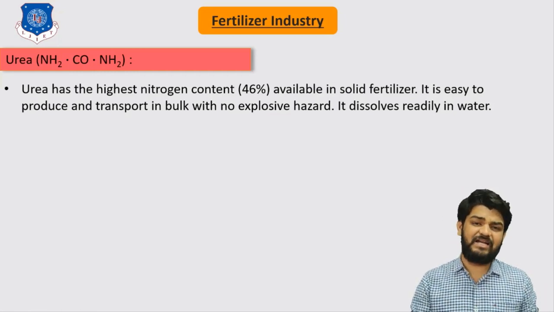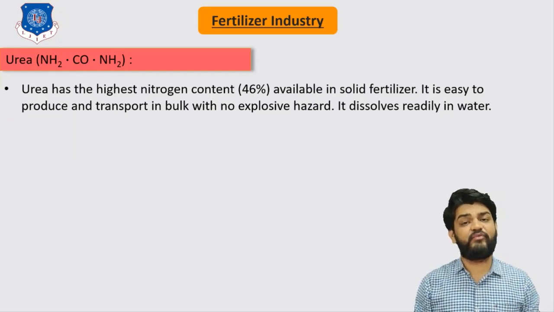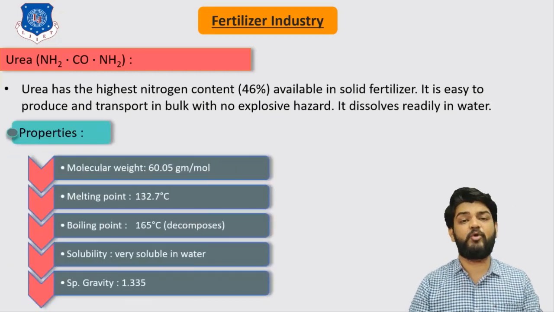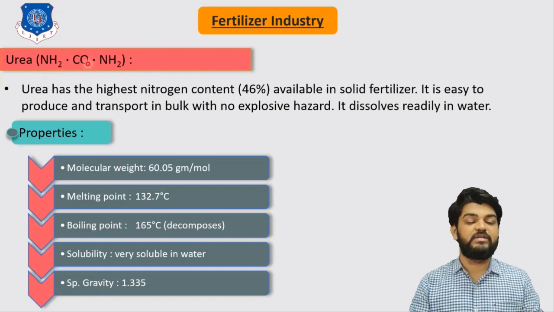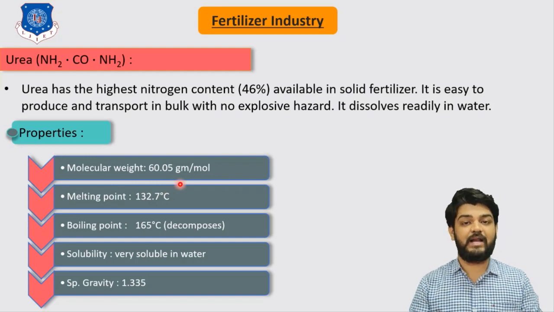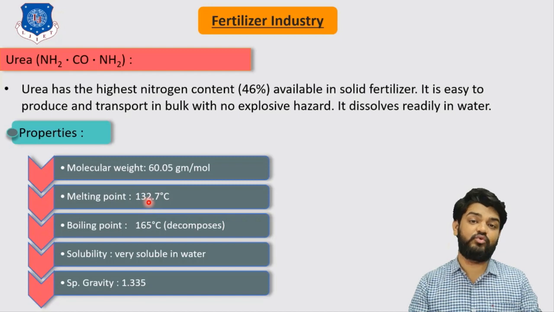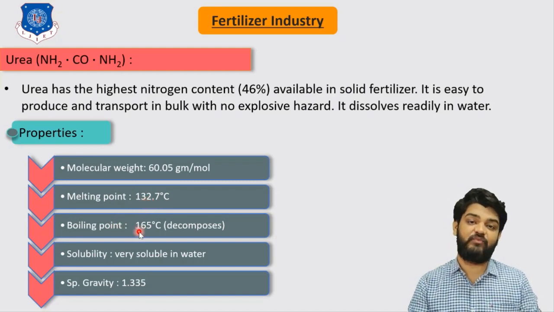So now let's understand the different properties of urea. As you can see here on the screen, the molecular or empirical formula for urea is NH2CONH2 and it has a molecular weight of 60.05 grams per mole. It has a melting point of 132 degrees Celsius while its boiling point is around 165 degrees Celsius.